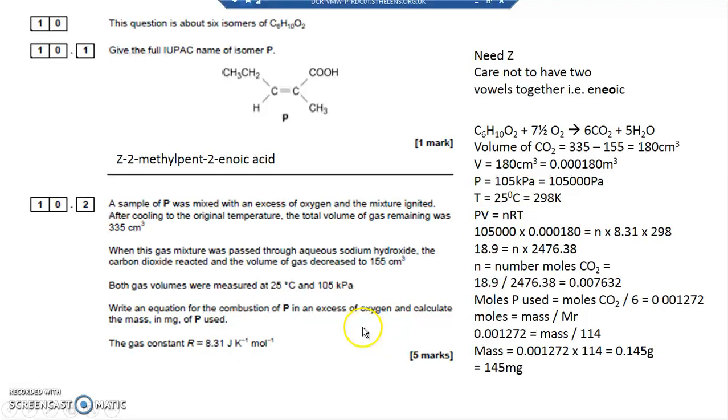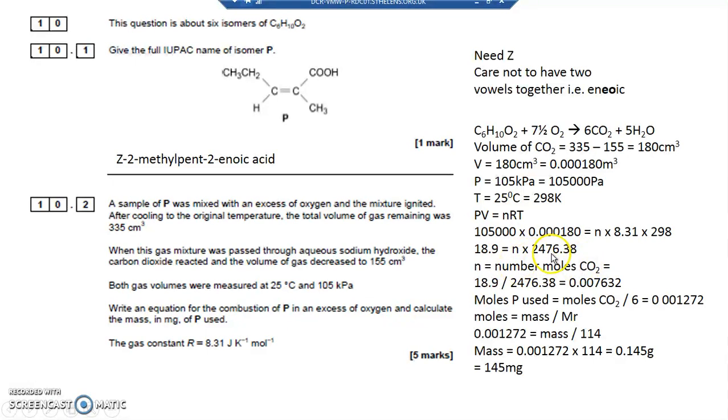So I've got P, I've got V, N the number of moles I won't know, R is the gas constant, I'm always given that, 8.31, and temperature needs to be in Kelvin. I've got temperature in degrees C, add 273, so that's 298. So I put all the numbers in and multiply some of them out. 18.9 now equals N multiplied by 2476.38.